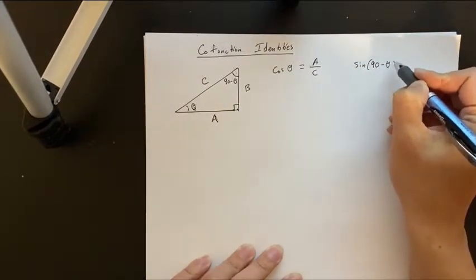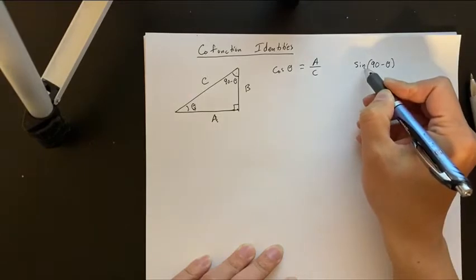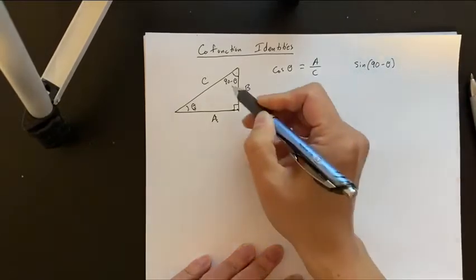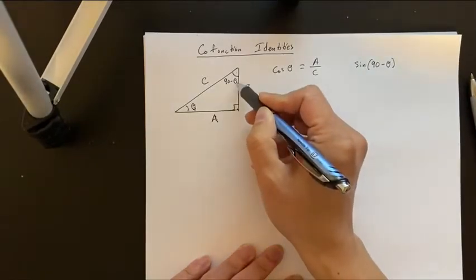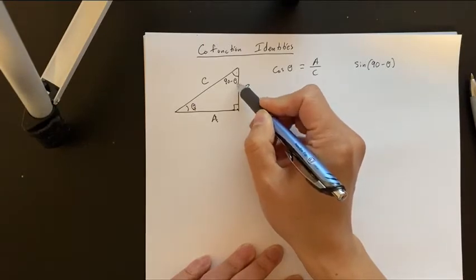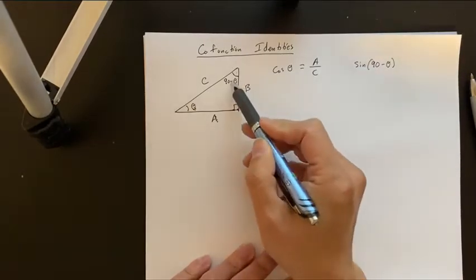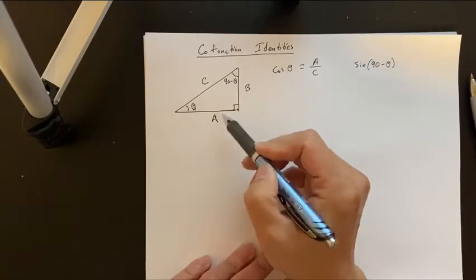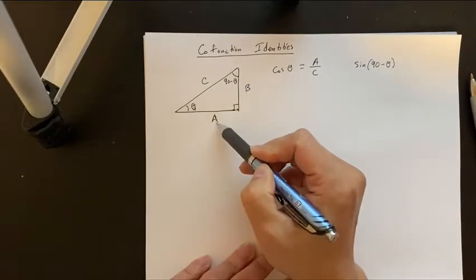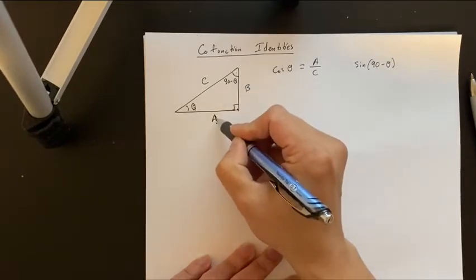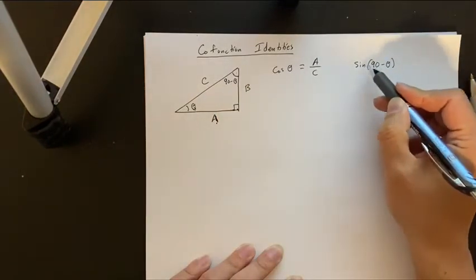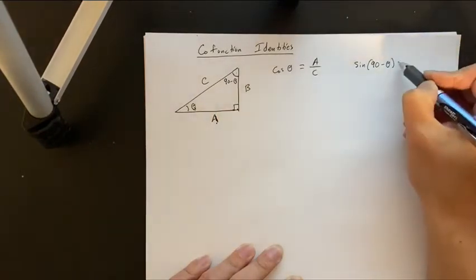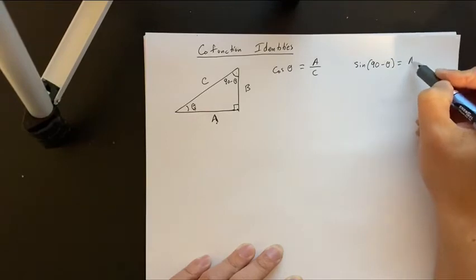Sine, according to SOHCAHTOA, would be opposite over hypotenuse, relative to 90 minus theta. So opposite of 90 minus theta would be A, and hypotenuse would still be C. So sine of 90 minus theta would also be A over C.